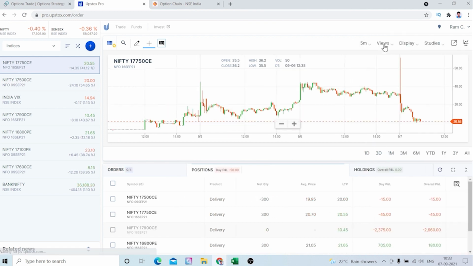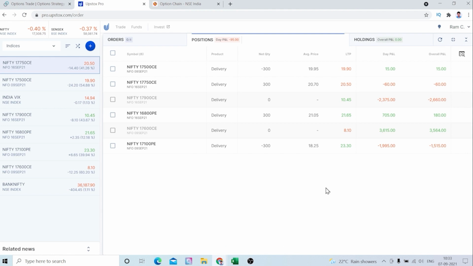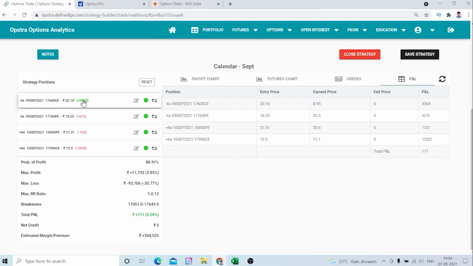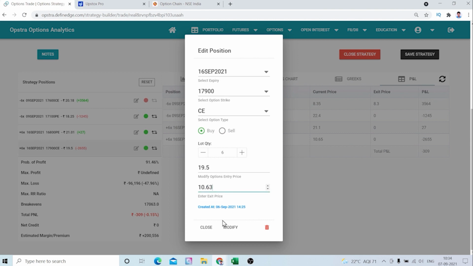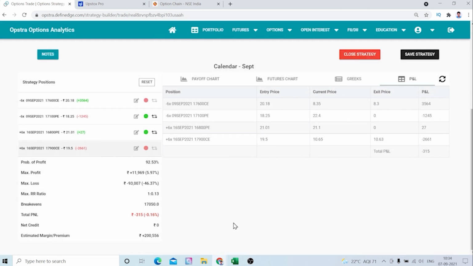Now let us again enter the same adjustment entries. We have exited earlier call options and we entered new call options, right? So we will enter all those exit positions and new positions in the Astra so that we can track. So exit positions, we have done modification here in the Astra and we have taken new positions in those places, right?